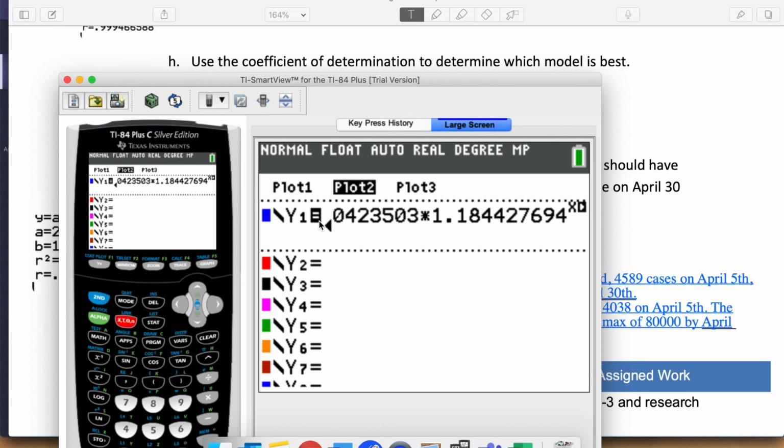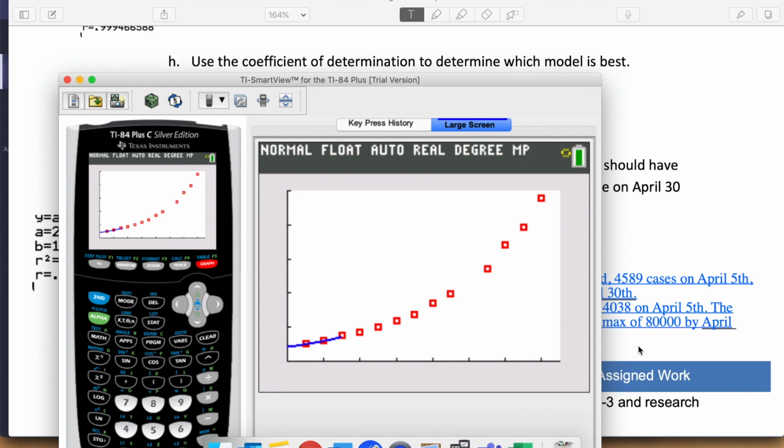So I'm going to plot that and see what it looks like on my graph. So you can see it's almost perfect, slightly off there. That's a pretty good model, but we start to differ in that last day, it looks like.